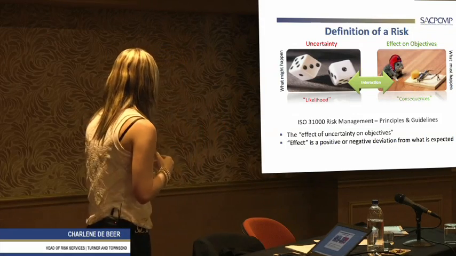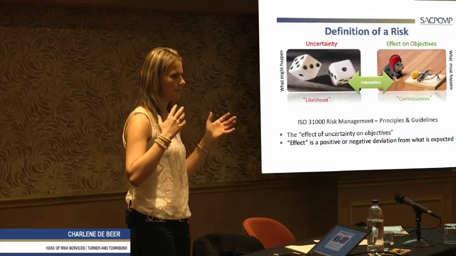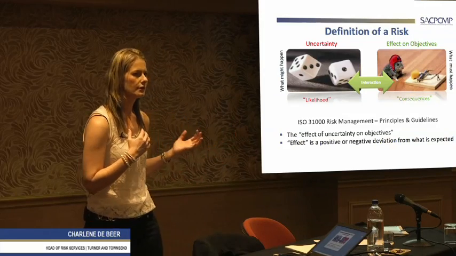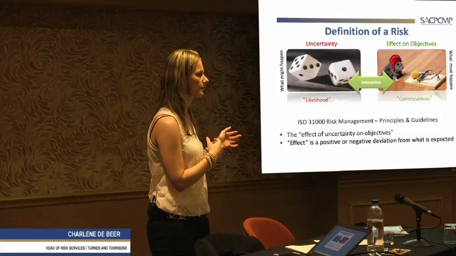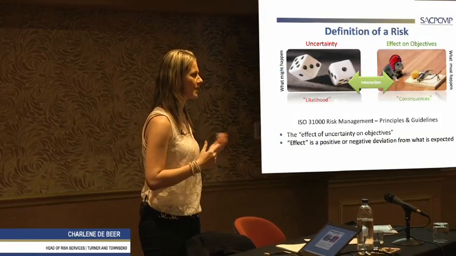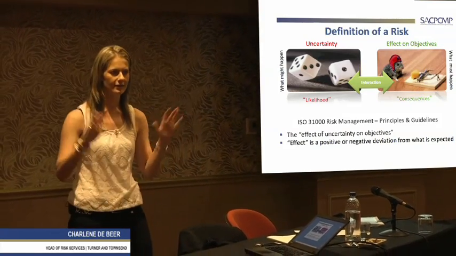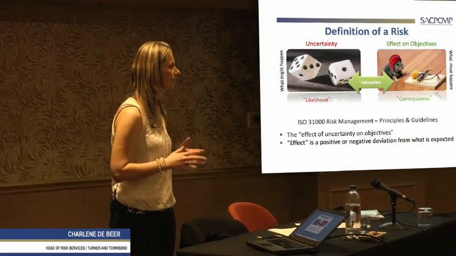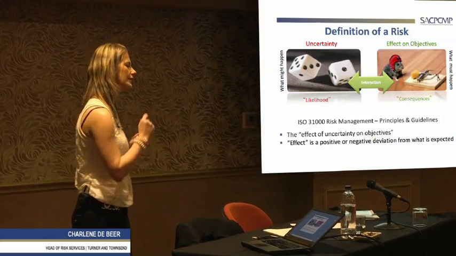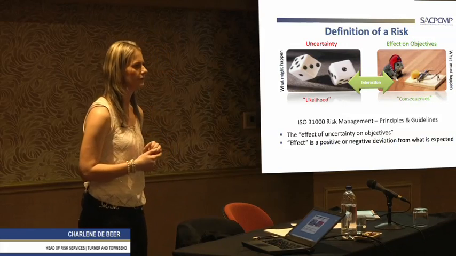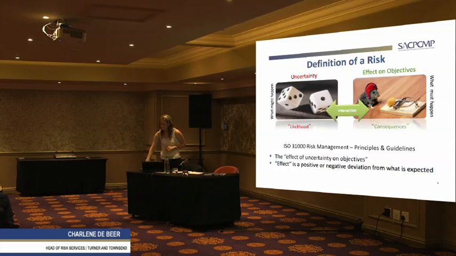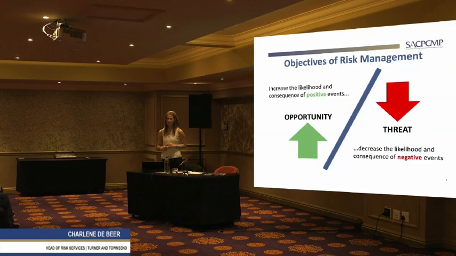And then the effect can be either a positive or a negative deviation from your objective. So not all risks are bad. People usually think if you say risk, they just see red lights and think, oh, we're in trouble. But actually the true definition of risk is that it's either positive or negative, and it's known as either an opportunity or a threat.